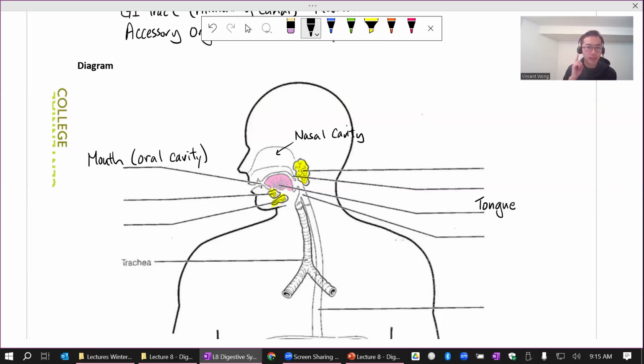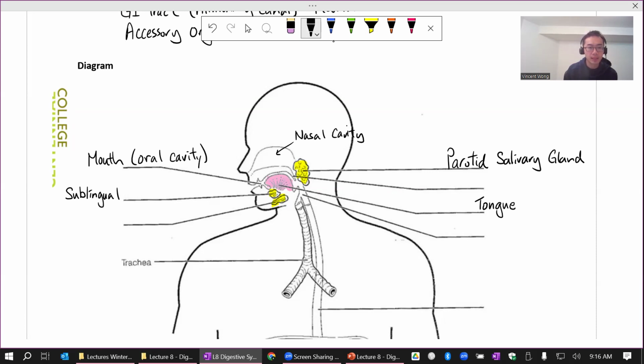So here you have one next to the ear. It's called the parotid salivary gland. You have one underneath your tongue. Underneath is sublingual.